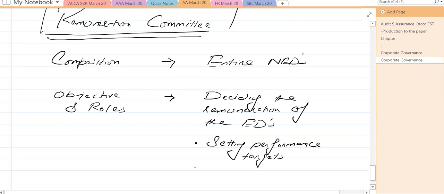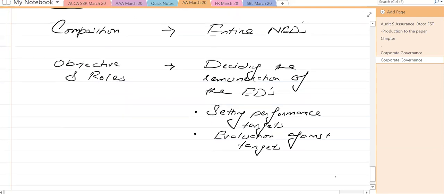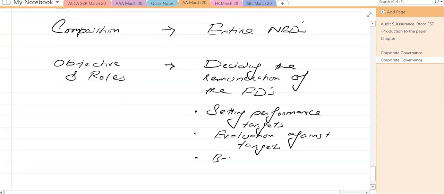So setting performance targets, evaluation against targets, balanced remuneration, offering balanced remuneration. Balance means that the ED should not be offered such a remuneration that they get demotivated.